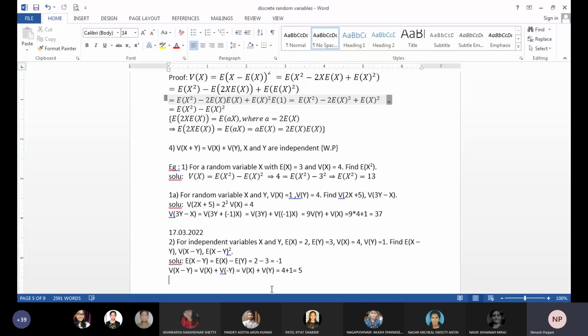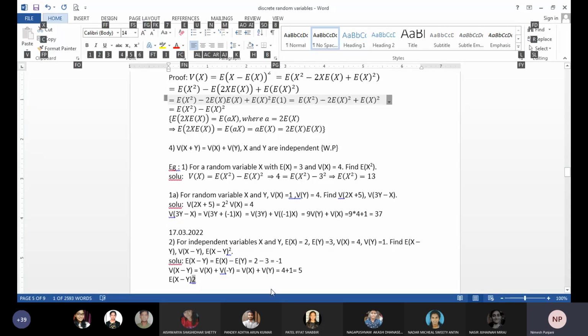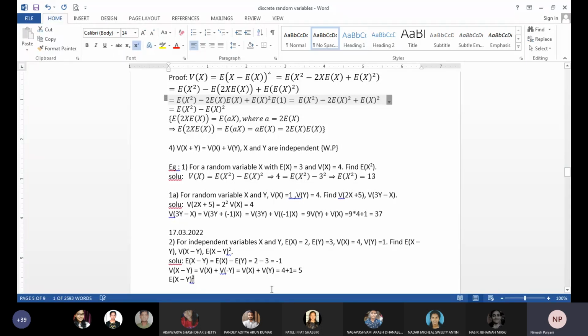Okay. Now, what will be expected value of x minus y the whole square? एक्सपेक्टेड वैल्यू ऑफ x माइनस वाई द होल स्क्वायर. इसका आंसर क्या आएगा? कौन सा फॉर्मूला से कैलकुलेट करेगा ये?